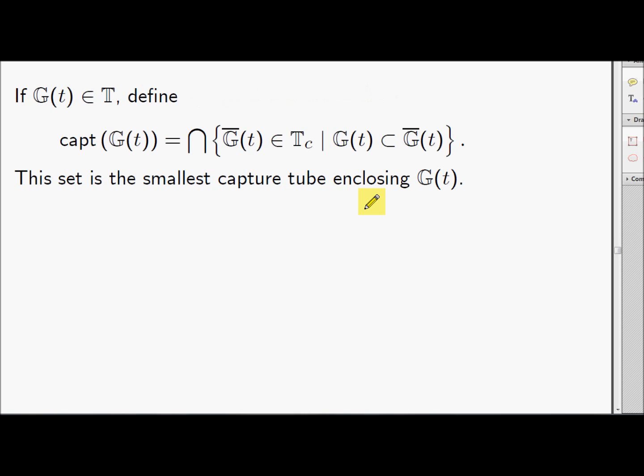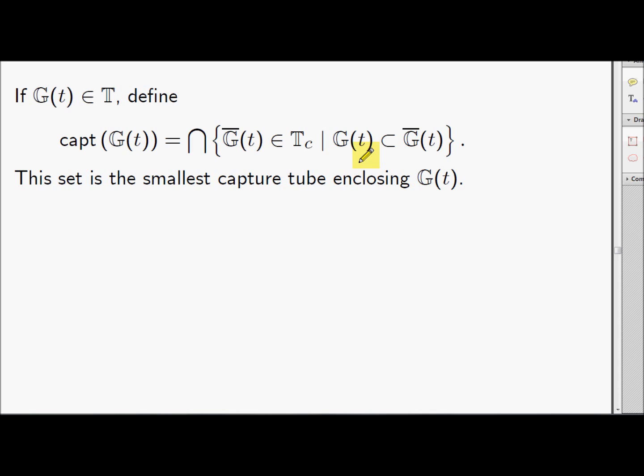If I take a tube, any kind of tube, J, which is not a capture tube, as explained before, I can define the smallest capture tube which encloses the tube J, as the intersection of all capture tubes which are greater than J. Okay, so since the set of capture tubes is a lattice, the notion of smallest capture tube makes sense.